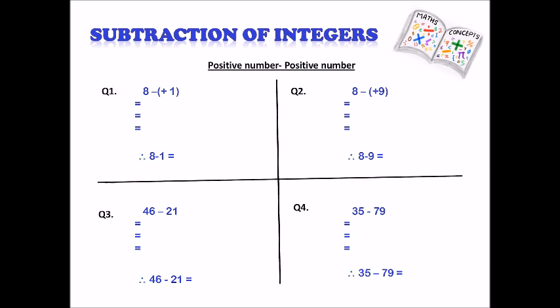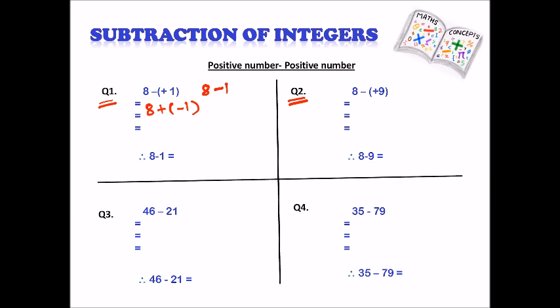First case, first example, 8 minus plus 1. This is a pretty simple example. We can write it like 8 minus 1, but right now we will solve it by converting it into an addition problem. Okay, the first two examples we will solve using conversion to an addition problem. Okay, so 8 minus plus 1 can also be written as 8 plus minus 1.